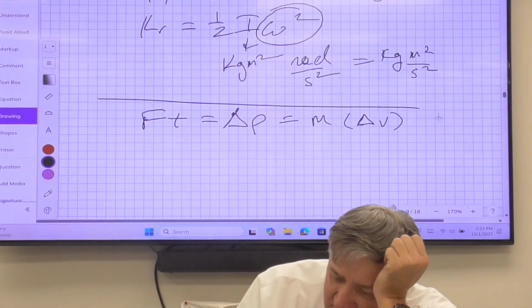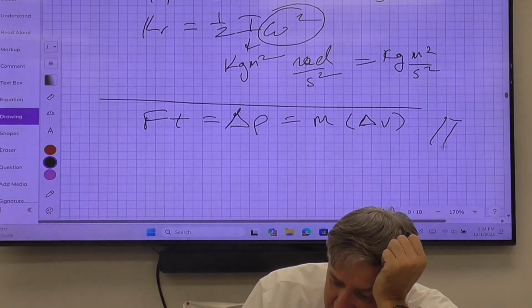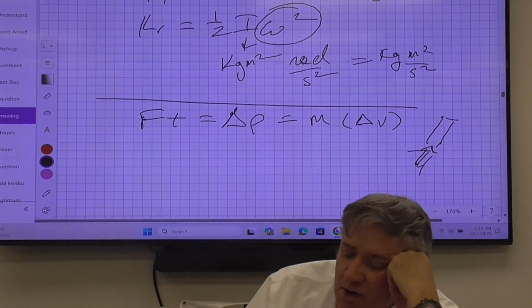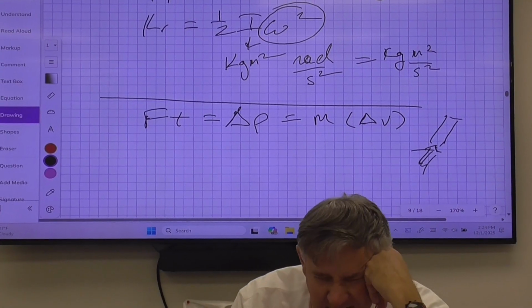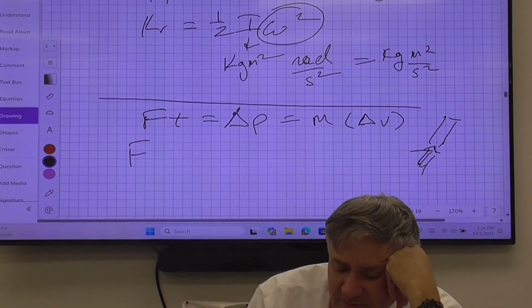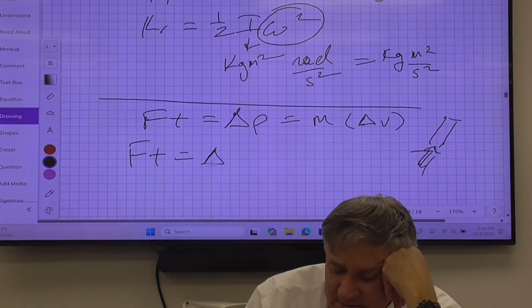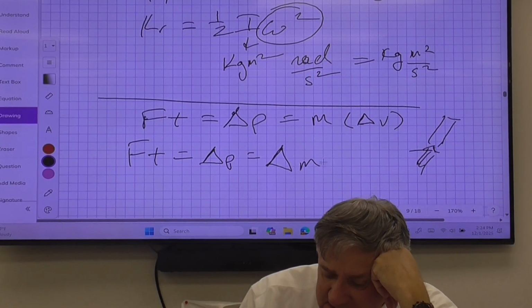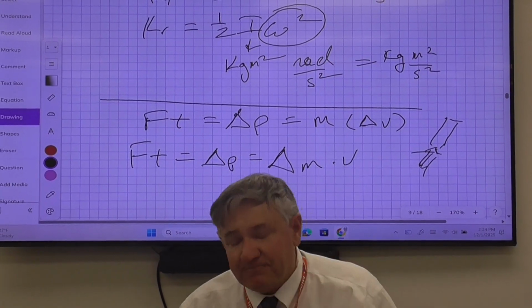However, if you look at how rocket engines work and how they create force, we change the mass instead. So with rockets, it's still force times time equals change in momentum, but that's going to be change in mass times the velocity.